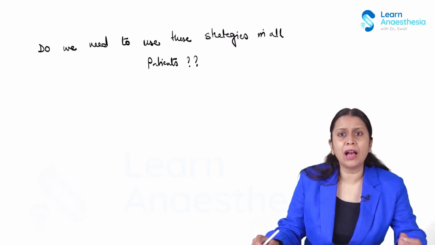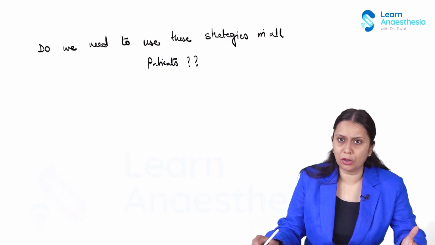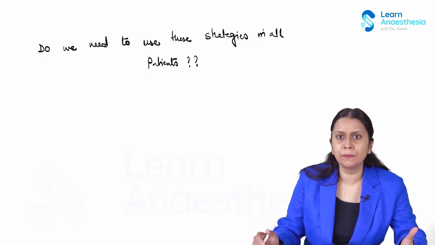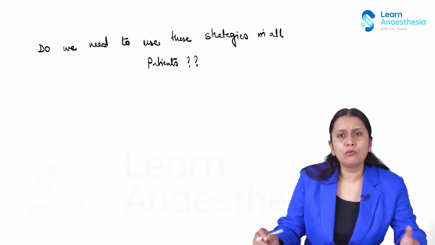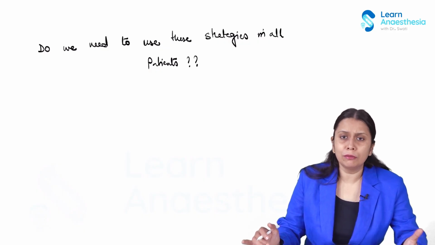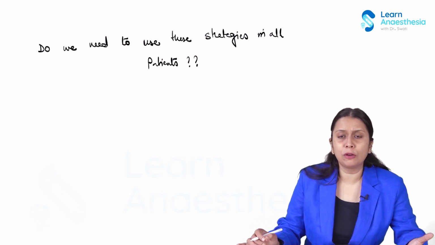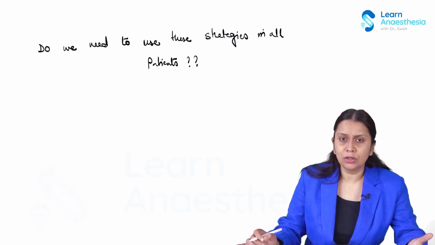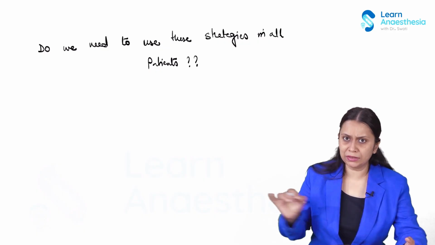The patients who have one or two risk factors and are posted for surgeries associated with pulmonary complications like upper abdominal surgery, thoracic surgery or head and neck surgery, or patients who are not posted for these kinds of surgeries but have 3 or 4 risk factors for developing post-op pulmonary complication. So it is not to be practiced in every patient.